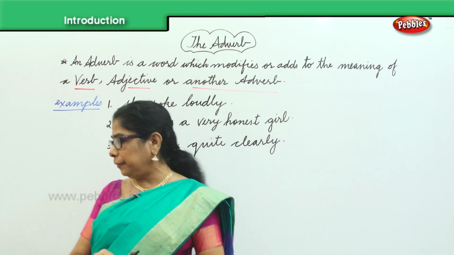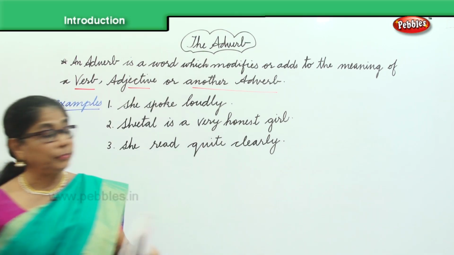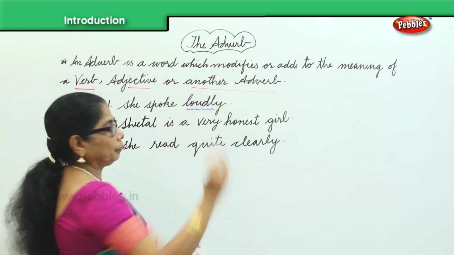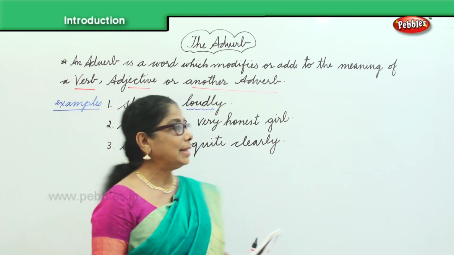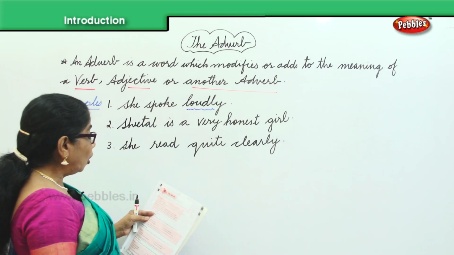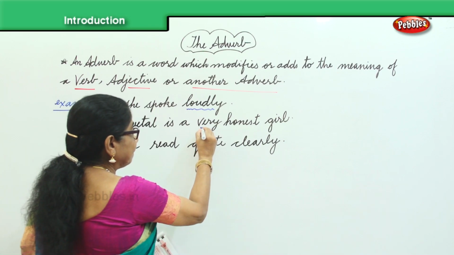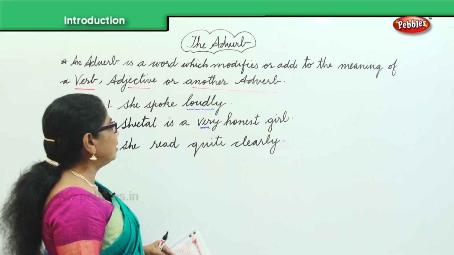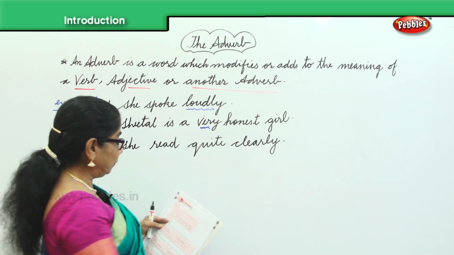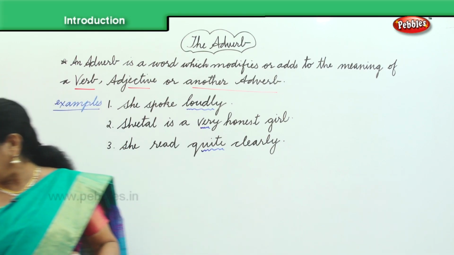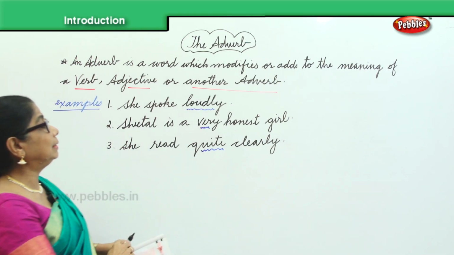In the first one, we have she spoke loudly. In the second sentence, we have Sheetal is a very honest girl, very. And in the third sentence we have, she reads quite clearly. Not very clearly, but quite clearly. Now, these are the adverbs in the three sentences.